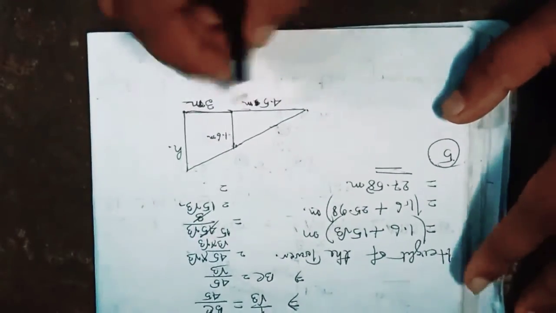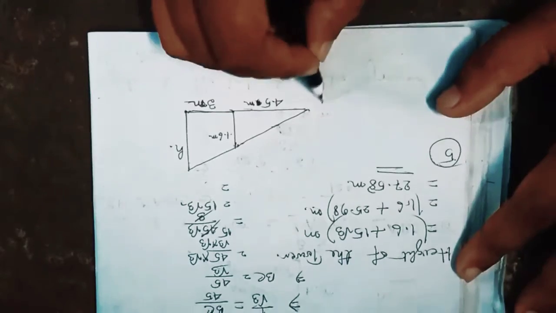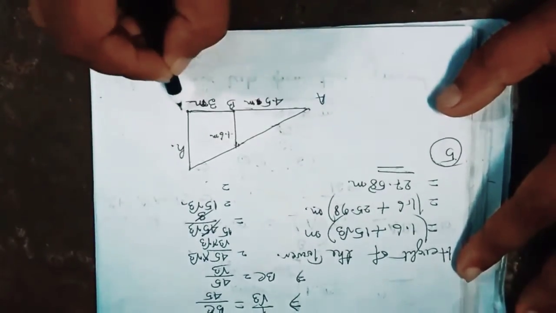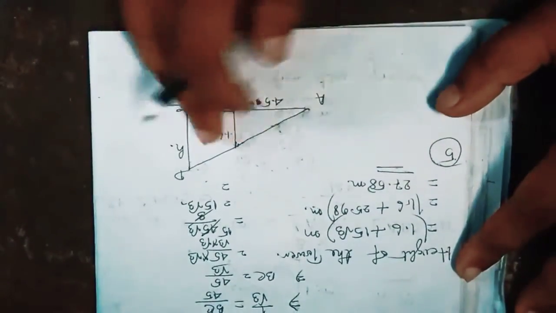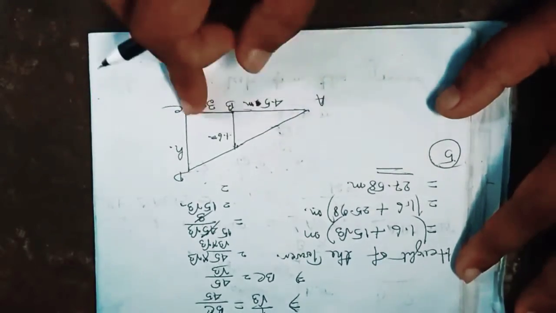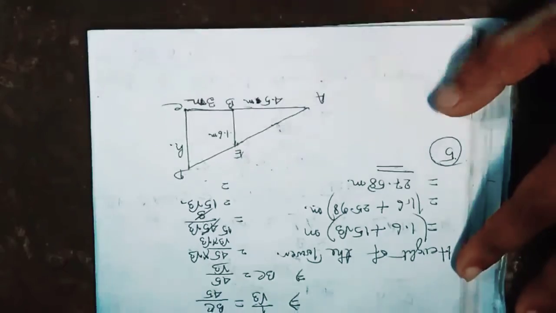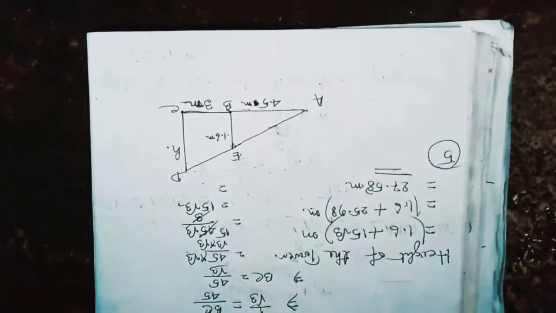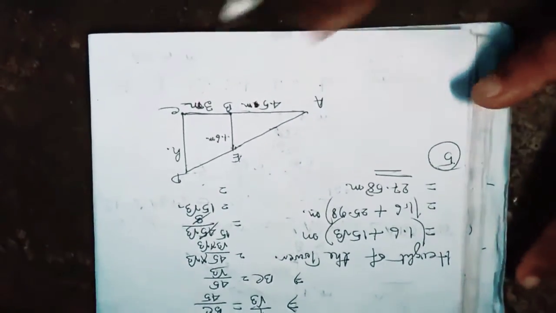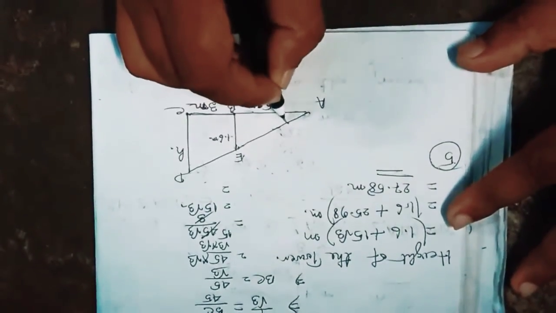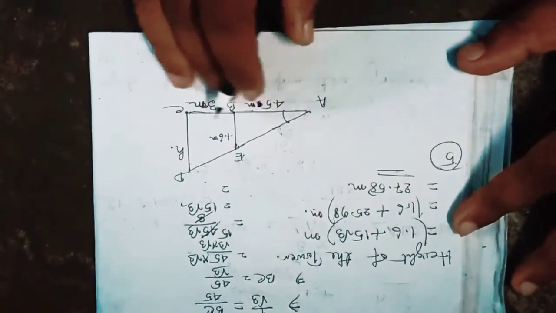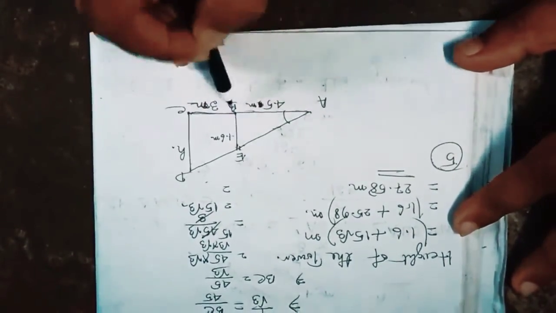If we complete this triangle ABCDE, this is the angle of elevation, angle EAB.